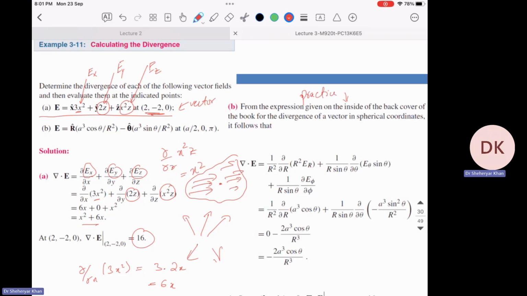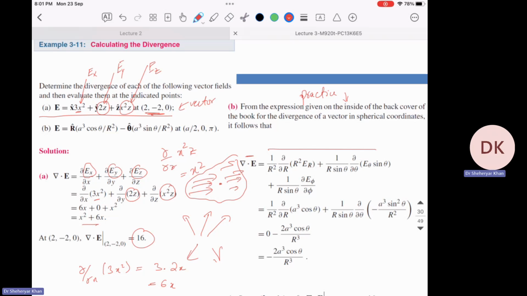So please listen here. The divergence can also be applied on cylindrical and spherical systems. So these are for practice only. You see that the divergence in spherical system is quite complex here, right? But you can still use it.